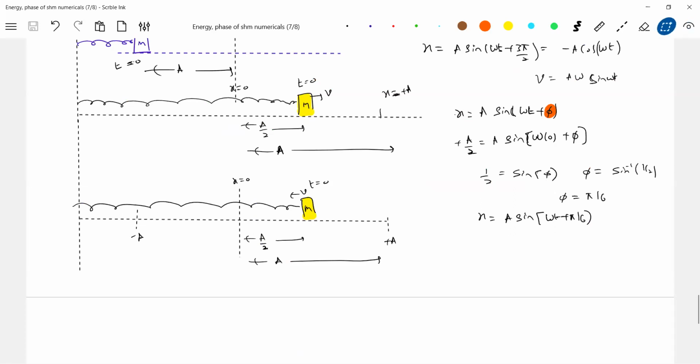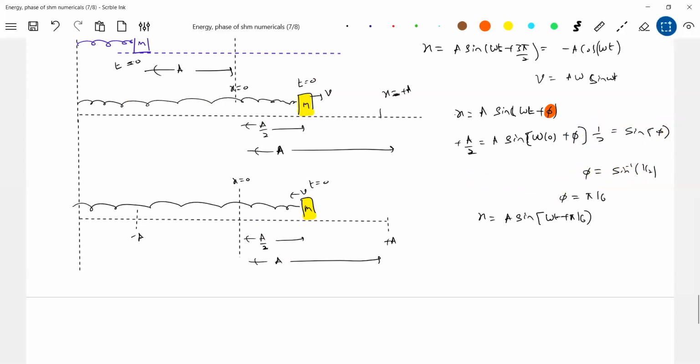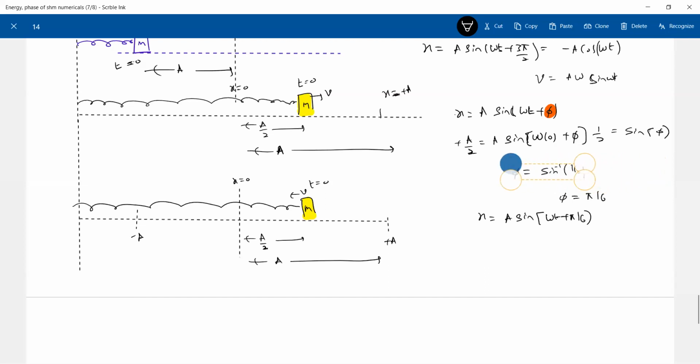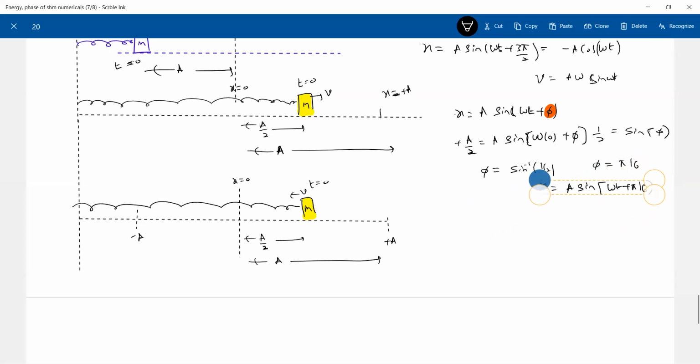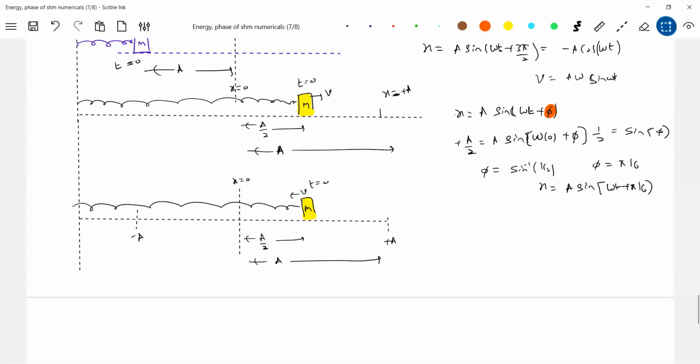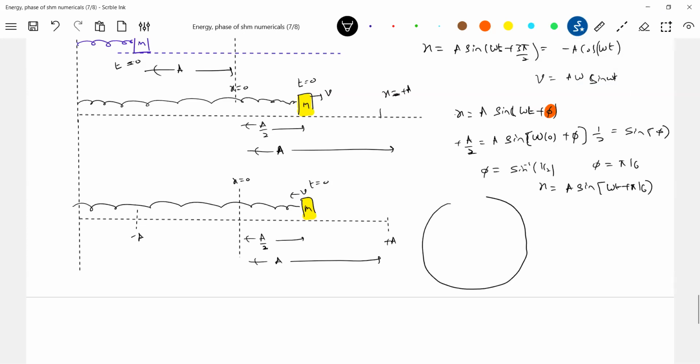Let me start here. So let me draw a circle. I'll draw a small circle, that will be sufficient.